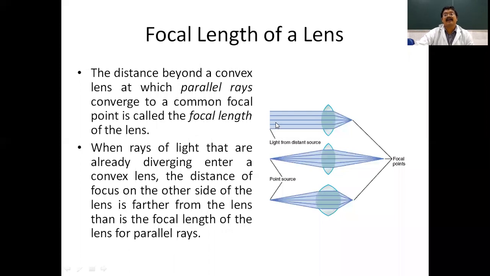Suppose you look at this diagram: these are the parallel rays, and this is the focal point. If it is a point source of light, the focal point is farther compared to the parallel rays in this diagram, because this lens has a higher power. This is the focal point.